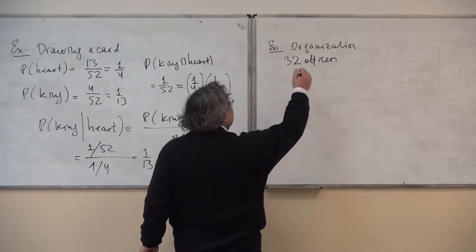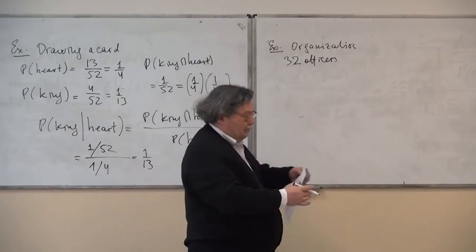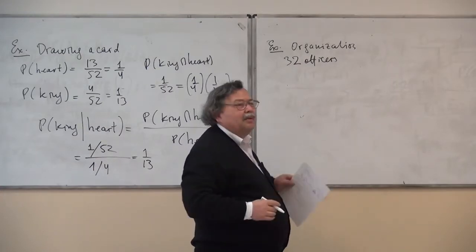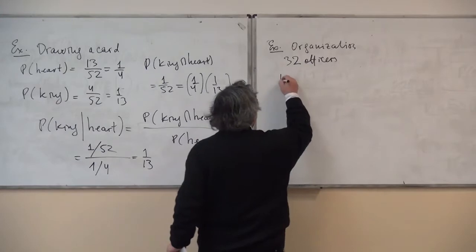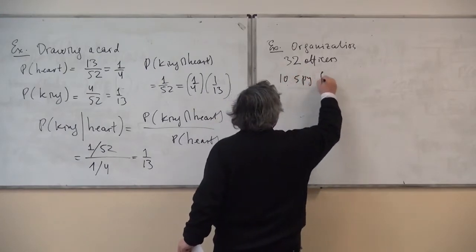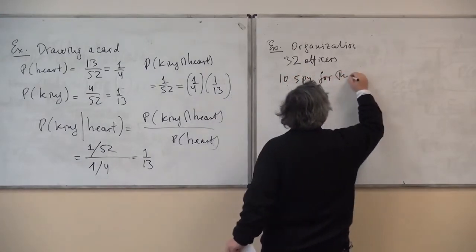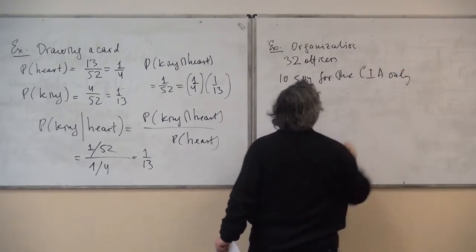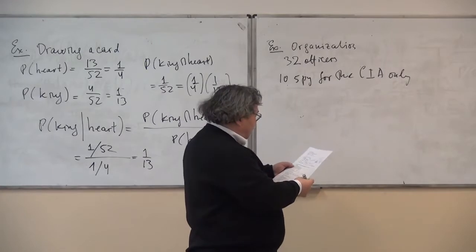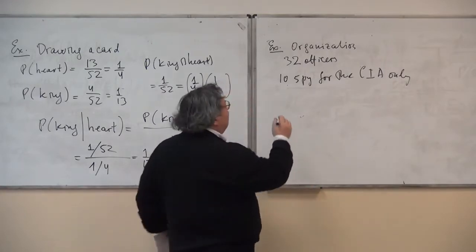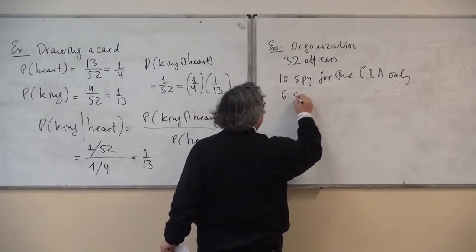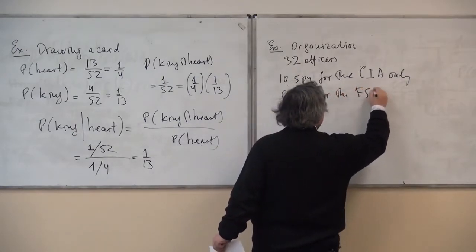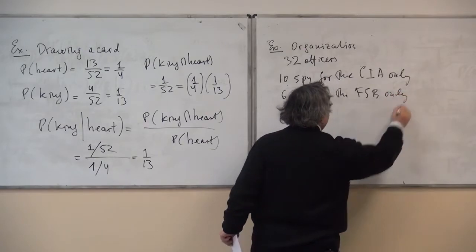So of these 32 officers, 10 spy for the CIA only. Okay, and 6 spy for the FSB only.